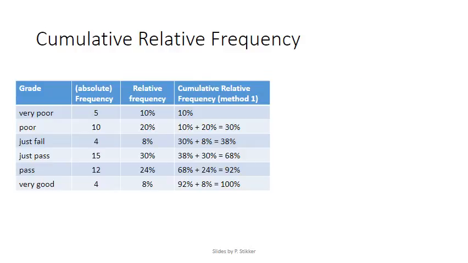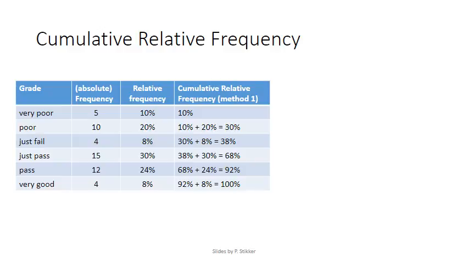Instead of adding up the absolute frequencies, we can also keep on adding up the relative frequencies and then create the cumulative relative frequency. One approach is to keep on adding up the relative frequencies to do this. However, due to rounding errors, this sometimes accumulates all those rounding errors from the relative frequency.